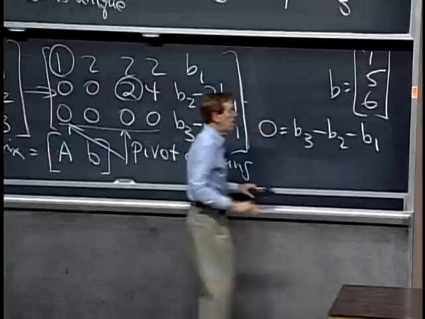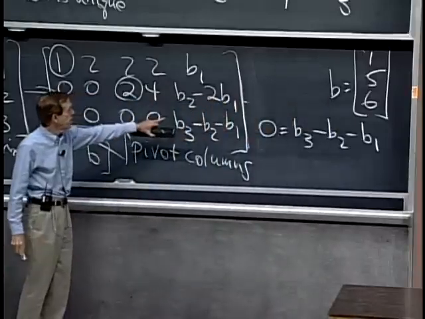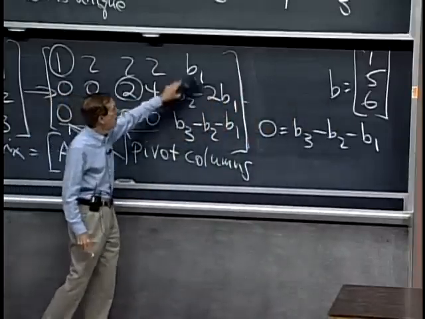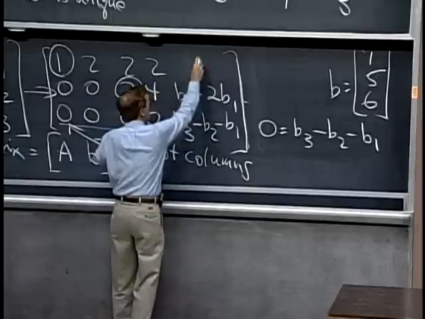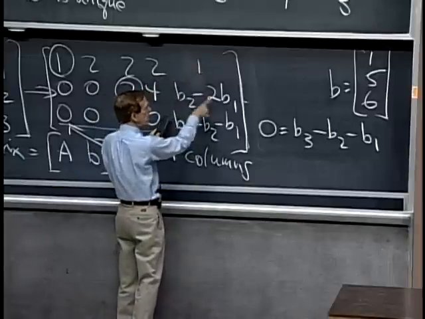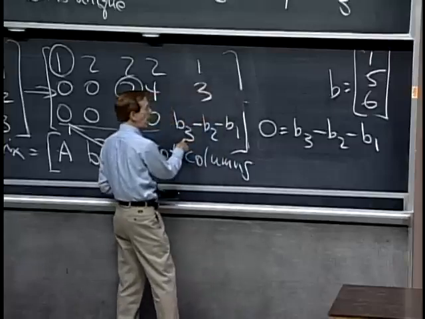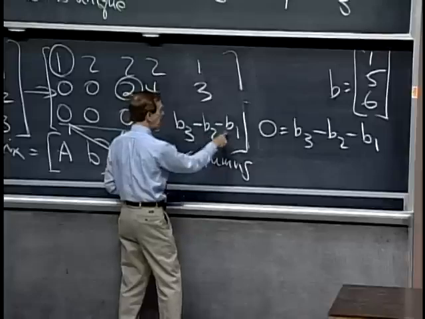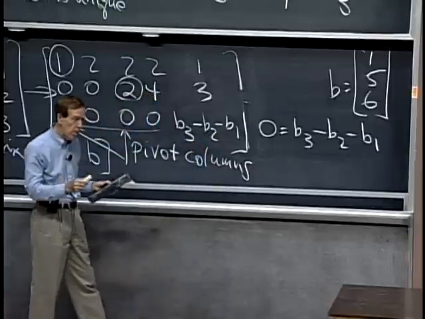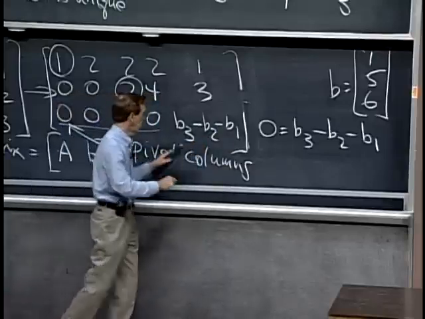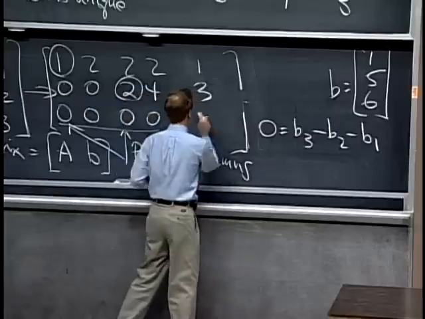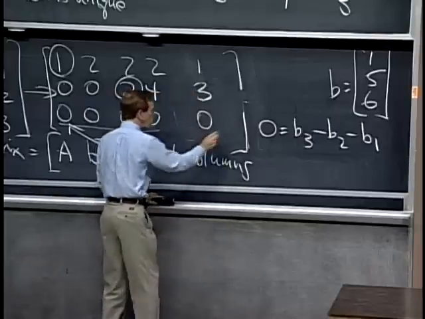That's an okay b. And when I do this elimination, what will I have? The b1 will still be a 1. b2 would be 5 minus 2, this would be a 3. 6 minus 5 minus 1, this is the main point, this will be a 0. Okay. So the last equation is okay now.